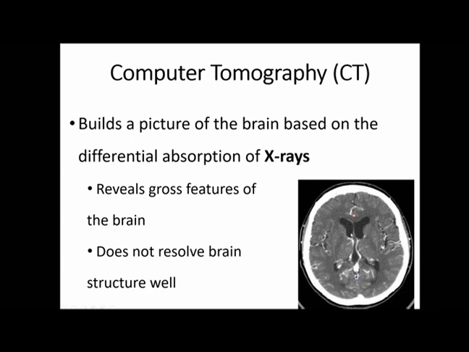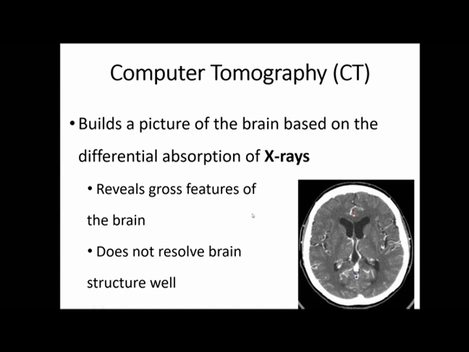And then we have darker spots here towards the center, and that would be very little absorption of X-rays. So that stands out from the lighter parts of the brain, which have a moderate amount of absorption. So different structures have different compositions, and those different structures will absorb more or less X-rays that let us see the differences between those structures.